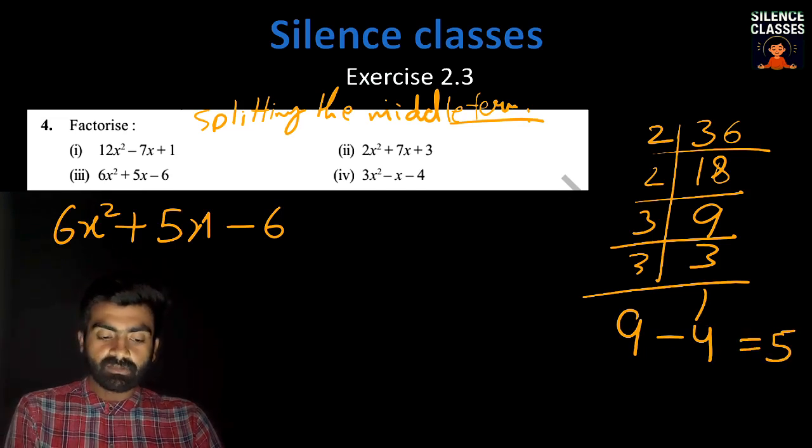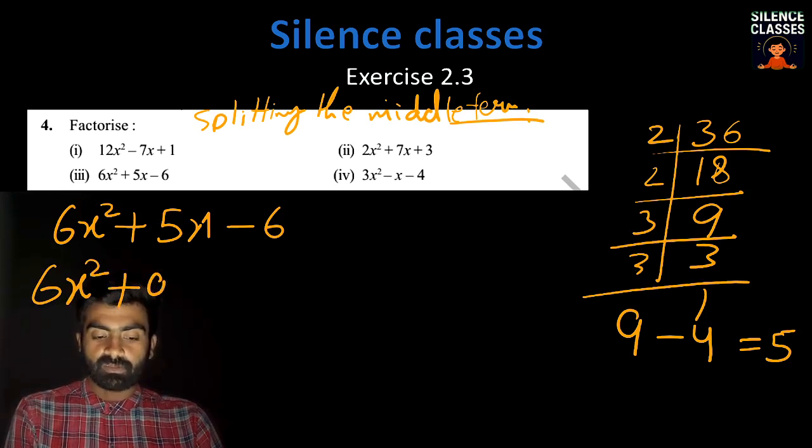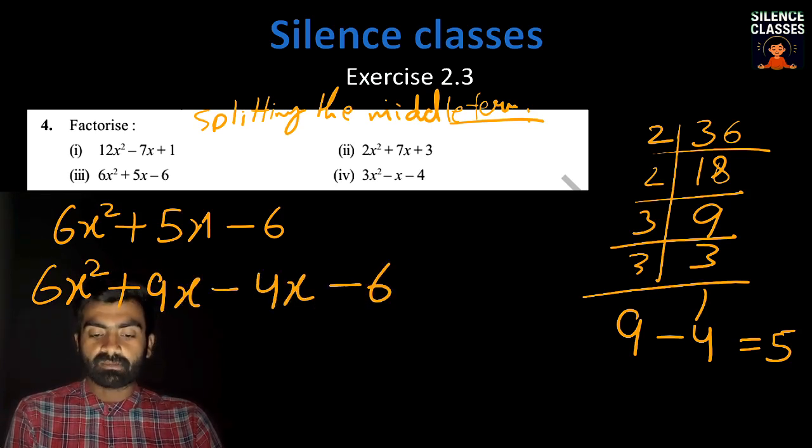Okay, so we can write it down in this particular manner, 6x square, okay, plus 9x minus 4x minus 6. So what can we take common over here, 6 is over here and the 9 is over here. So if I take 3 as common, because by 3 we can divide 6 also and 9 also.